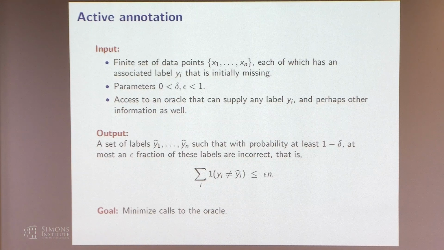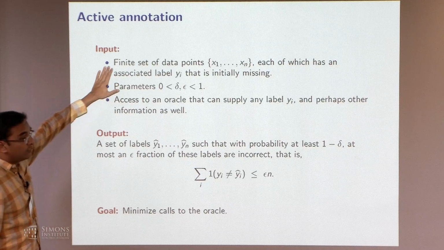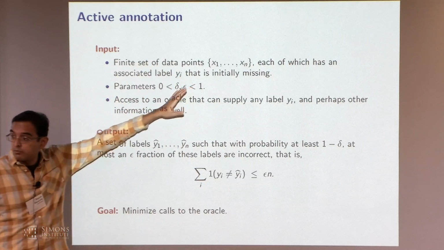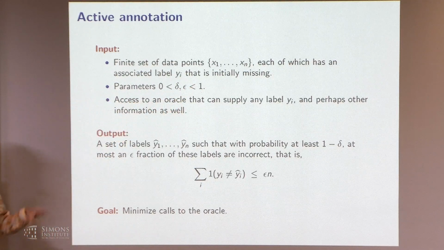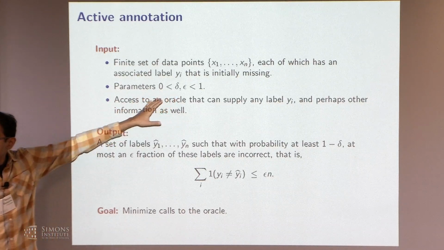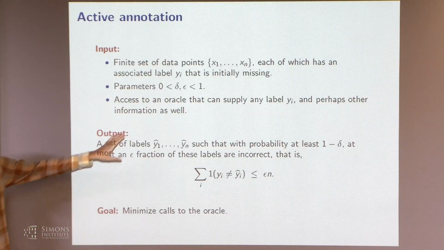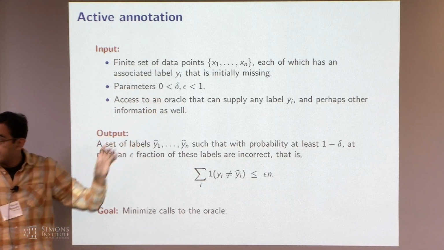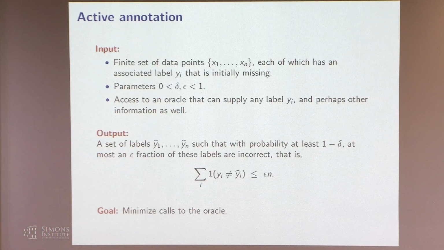So you start with your collection of unlabeled points. You don't know anything's labeled. You provide some parameters, epsilon and delta. And there's a human expert who can answer any query. Now the algorithm begins. It asks all sorts of questions, but at the end, it has to produce a fully labeled data set. So it asks for some labels, and it fills the rest in by itself.